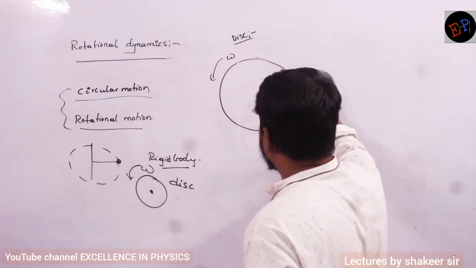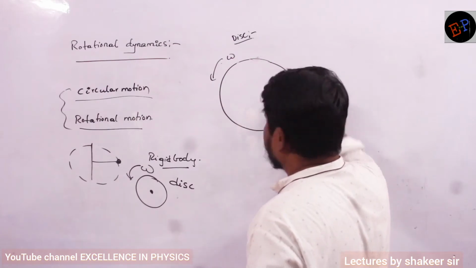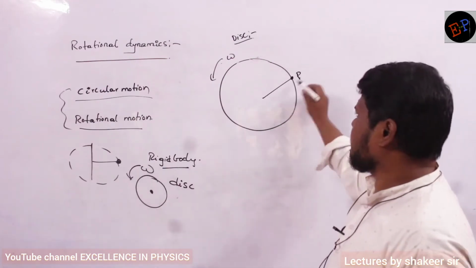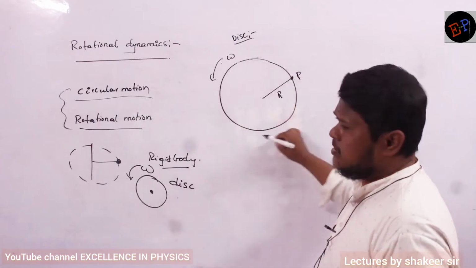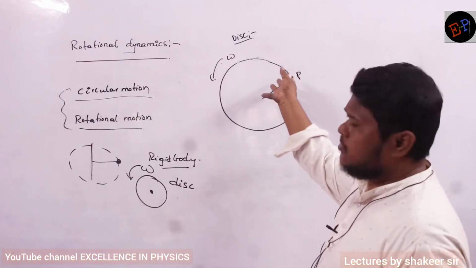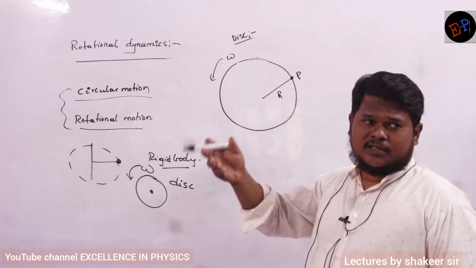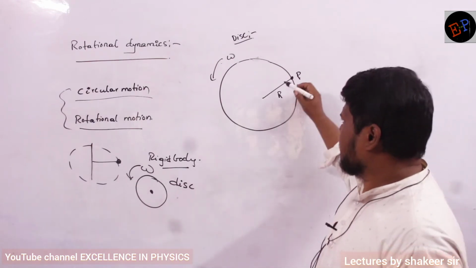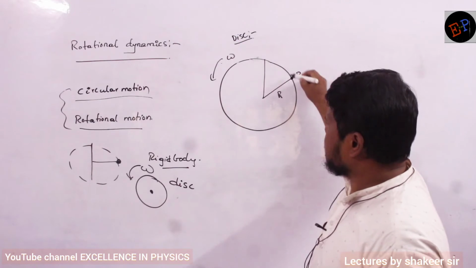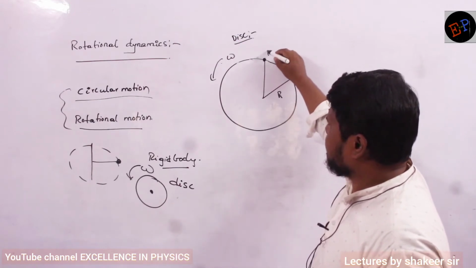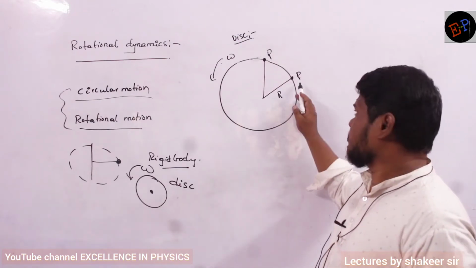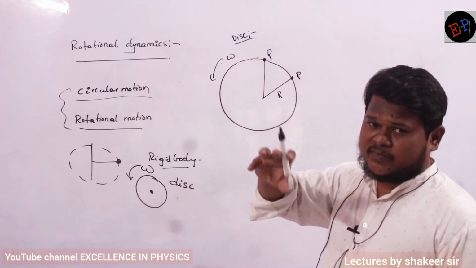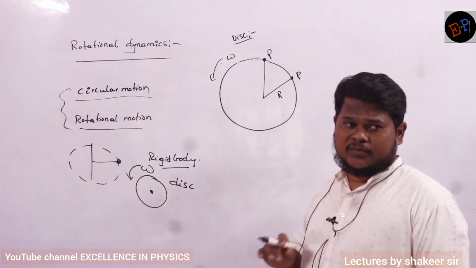Consider there is some point P, and this is the radius of the disk. After a time of t seconds, the same point P will reach up to here, after some rotation.